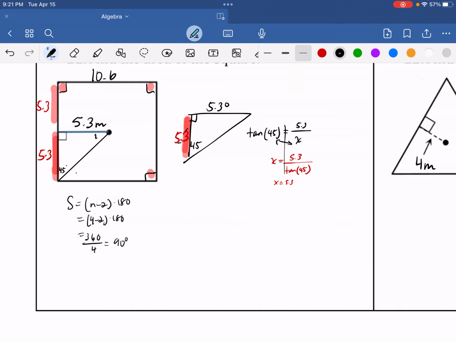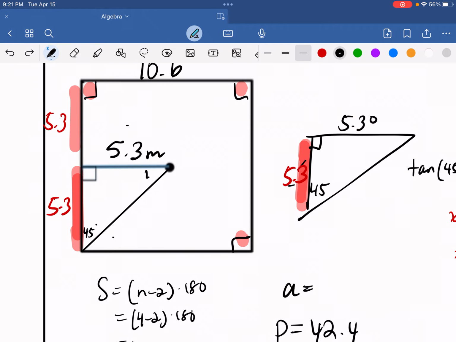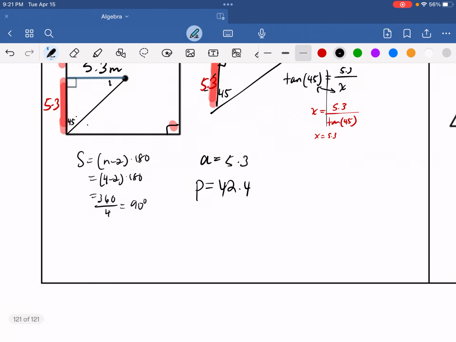And now you need to find the perimeter. Perimeter is 10.6 plus 10.6 plus 10.6 plus 10.6. So 10.6 times 4, and that's 42.4. And A, the apothem, is the one that goes from the middle to the middle of a side and makes a 90. So that's 5.3. This is A. So A is 5.3, and then now we can plug it in.